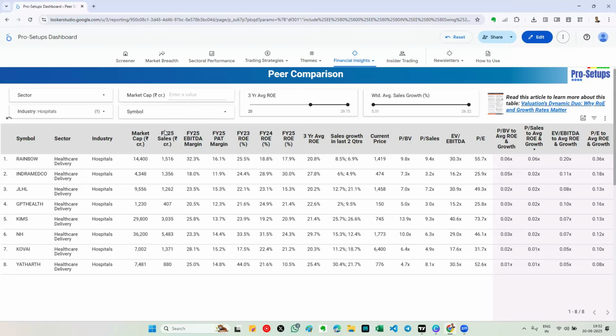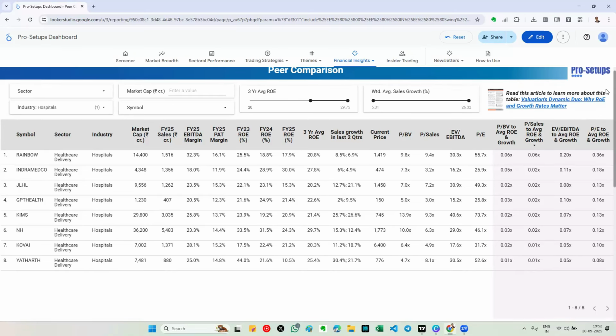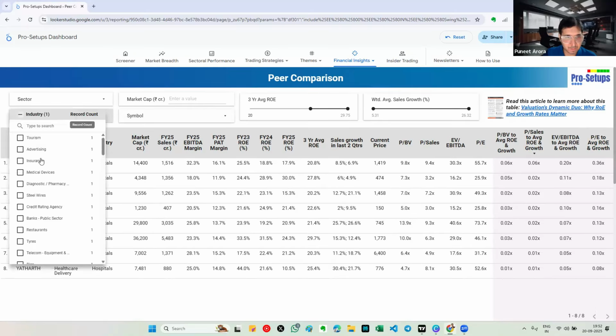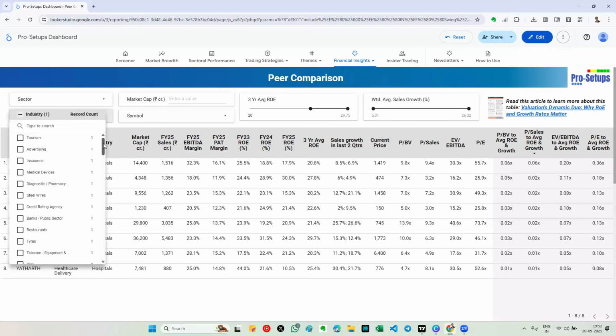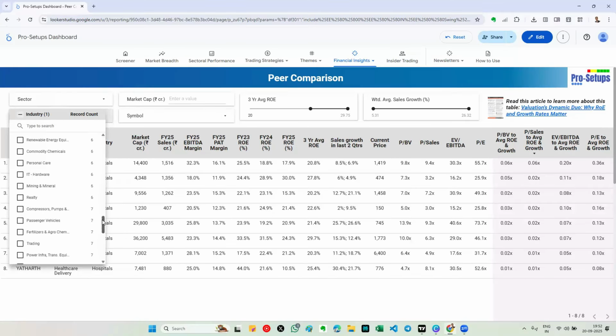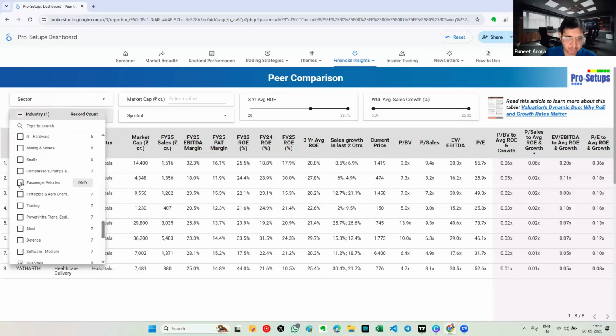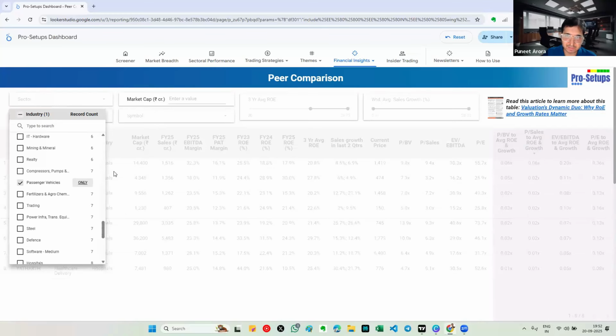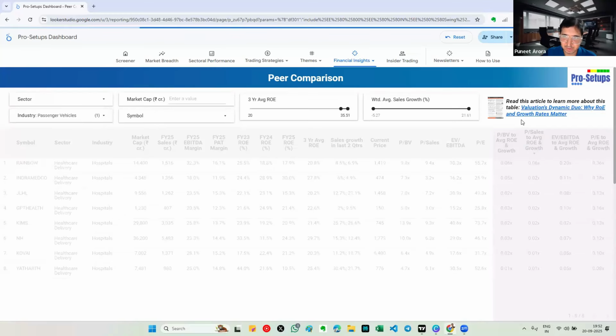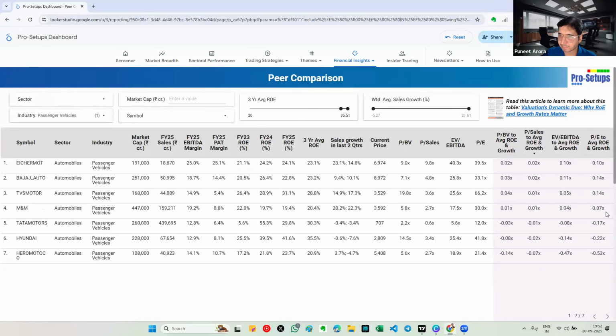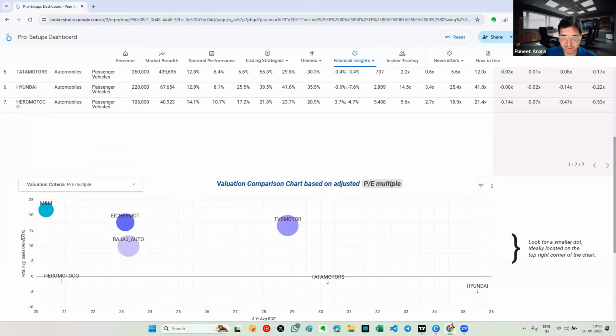So we have to glance through this table and come up with our own observation of the industry PE, based on how the PEs are stacked up for the stocks in that particular sector or industry. Let's say you want to consider passenger vehicles, and there is an outlier. Right over here, we have only 7 companies.